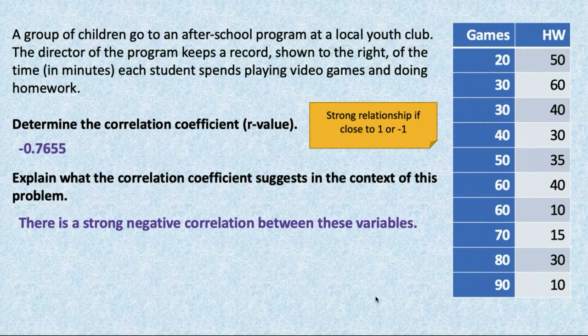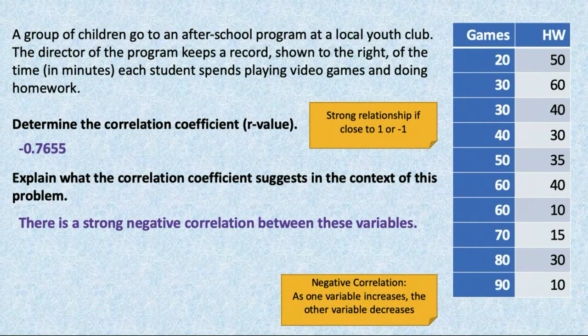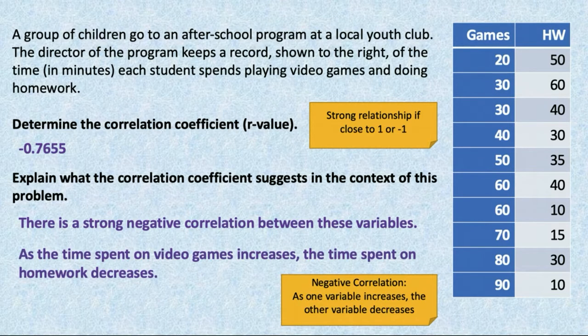We can go even further by explaining what we mean by that. Remember, in a negative correlation, as one variable increases, the other variable decreases. Meaning in this scenario, as the time spent on video games increases, the time spent on homework decreases.